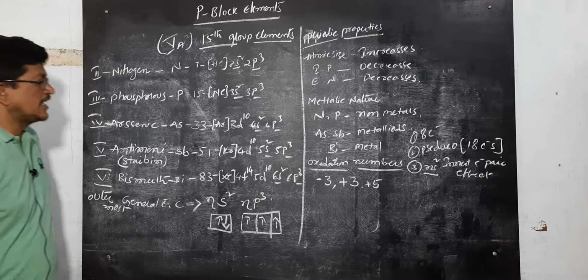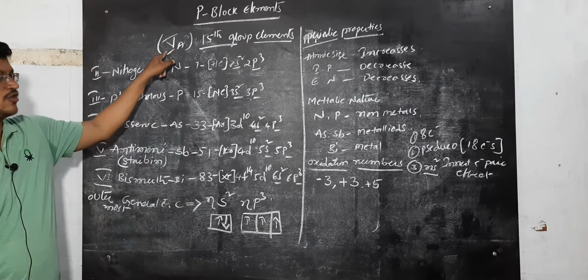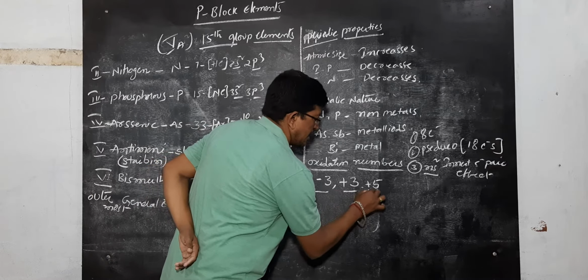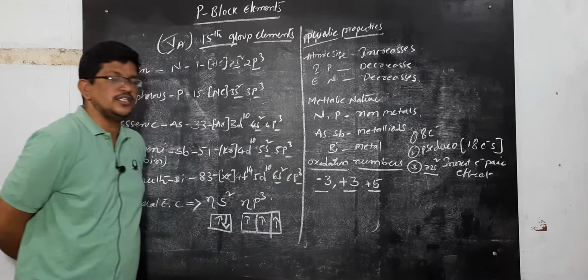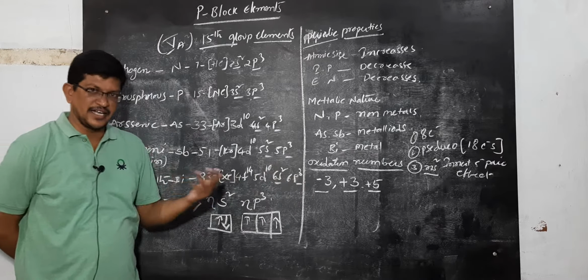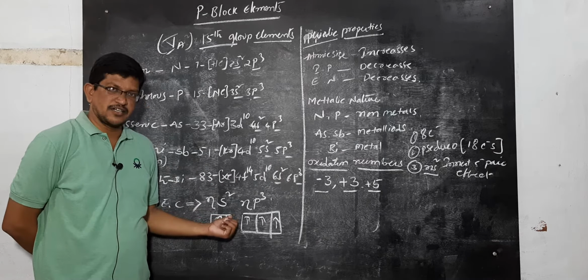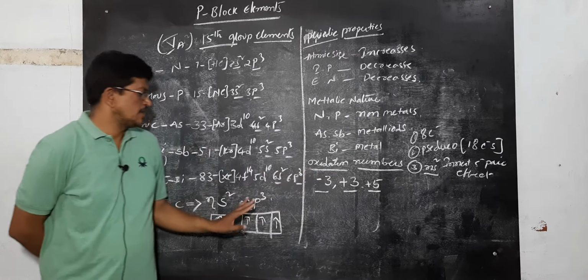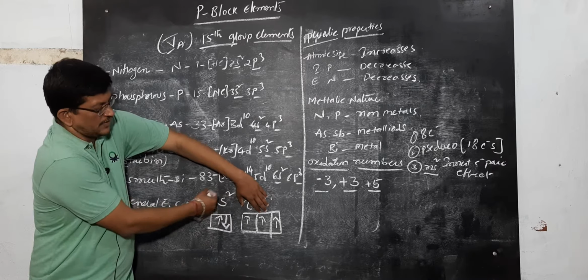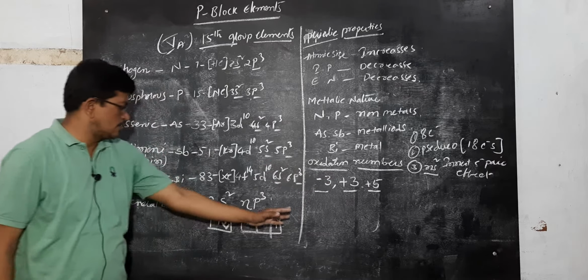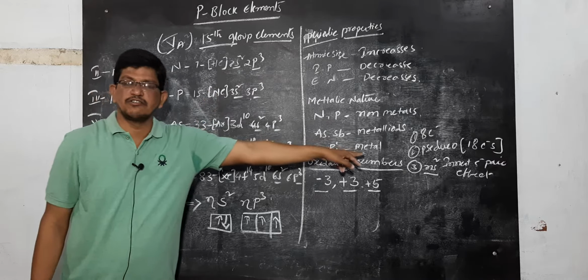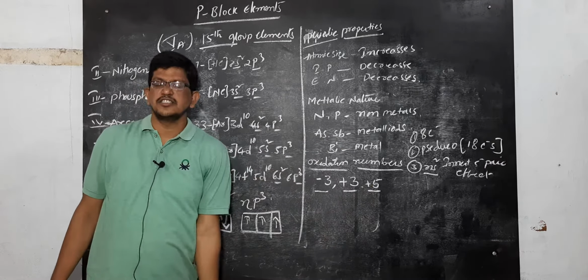That means generally the 15th group elements show -3, +3, +5 oxidation numbers. -3 means by gaining 3 electrons they get the octet configuration. +3 means by losing these 3 electrons they get the Ns2 electronic configuration. +5 means by losing these 5 electrons they get the pseudo-inert electronic configuration, and they get stability.